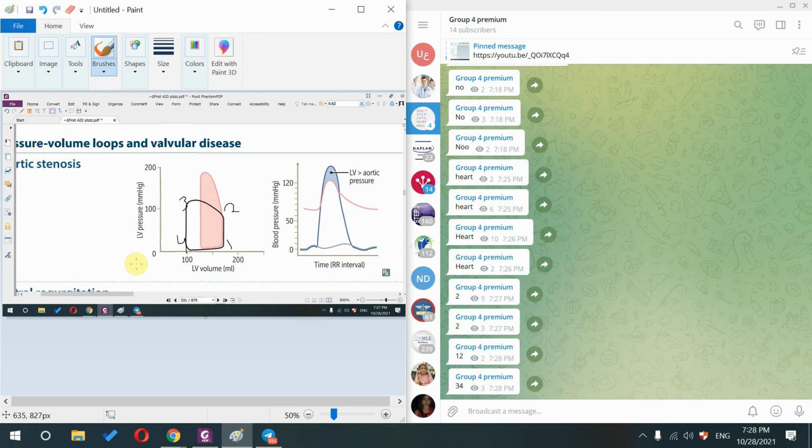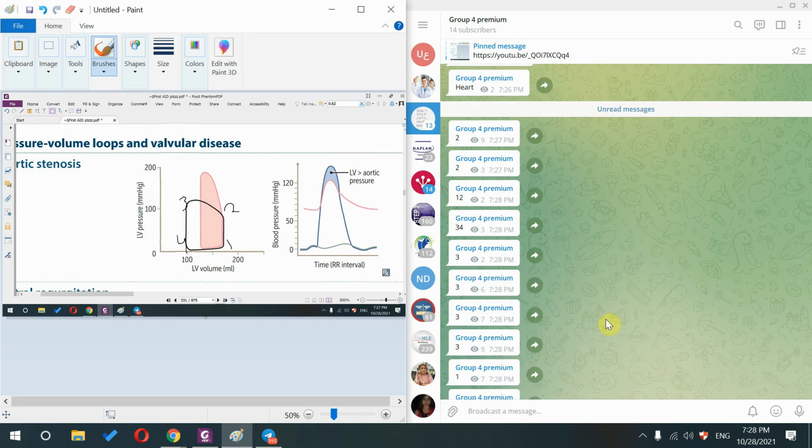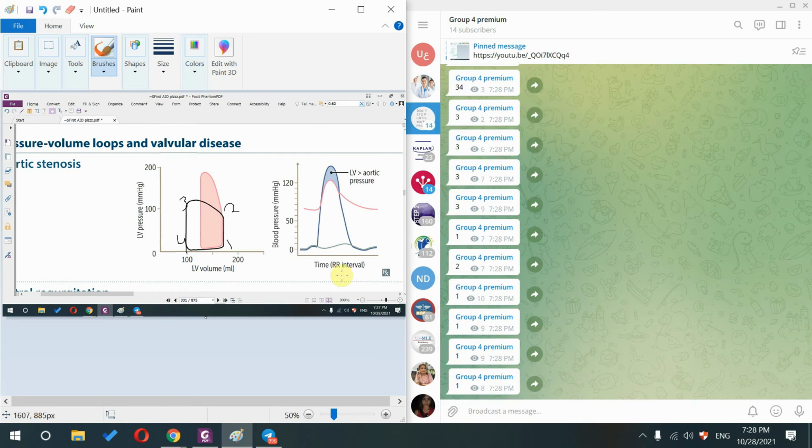Can someone tell me please, where does the aortic valve close? Yes, it's 3. Excellent, guys. Can someone tell me please, where does the mitral valve close? Excellent, excellent everybody.